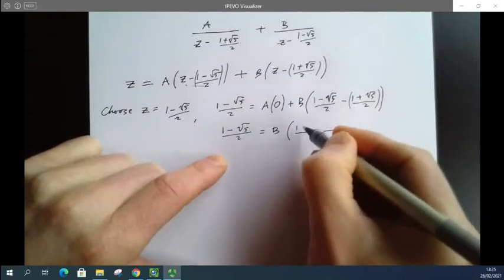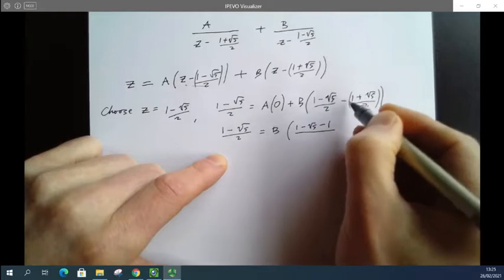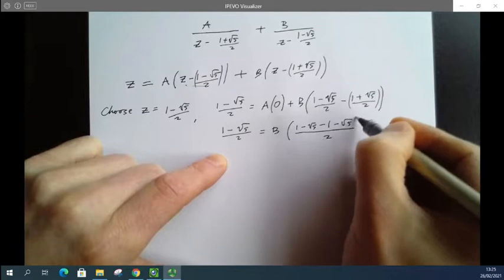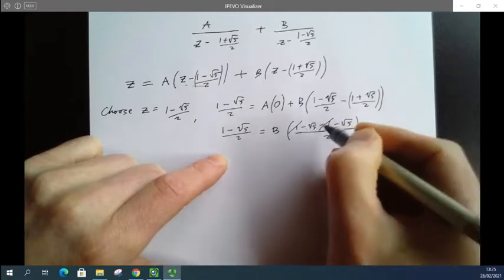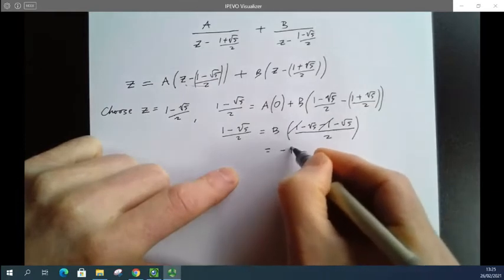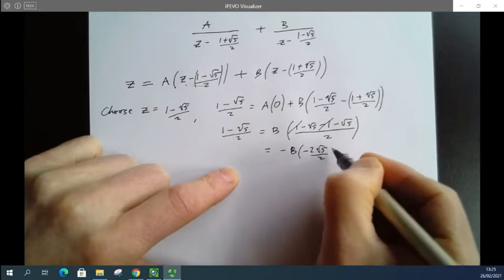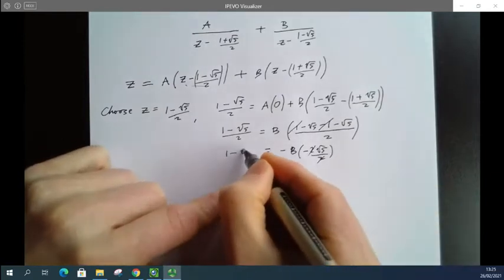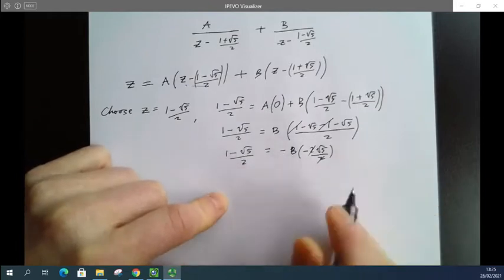On the top I'll have 1 minus root 5 minus 1, minus root 5 as well, all over 2. 1 minus 1, they cancel. Root 5 minus another root 5 is minus twice root 5 over 2. These 2's cancel.